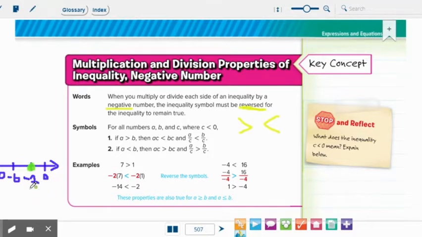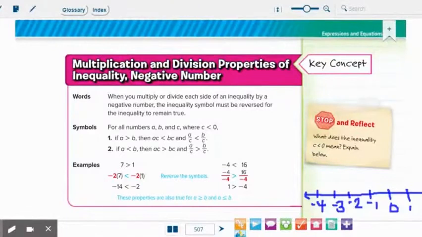So as you can see, -2 is closer to 0 on the number line, so that means -2 is greater than -14. The reason why we had to flip the inequality symbol is because if we left it the same, it would say -14 is greater than -2. So if we left it the same, that would not be true.